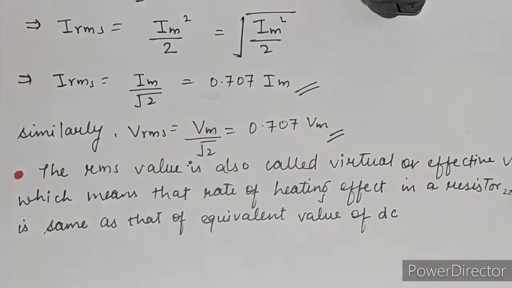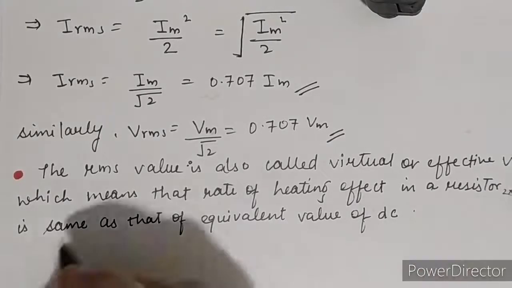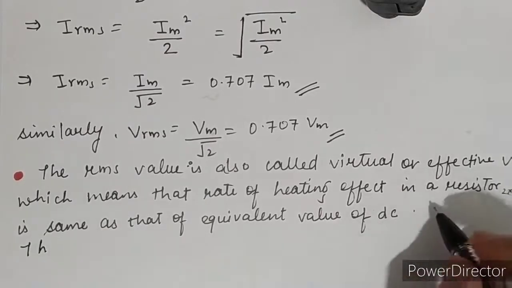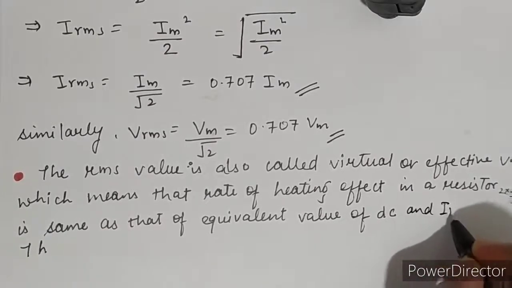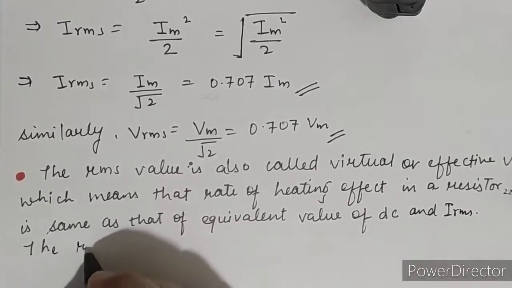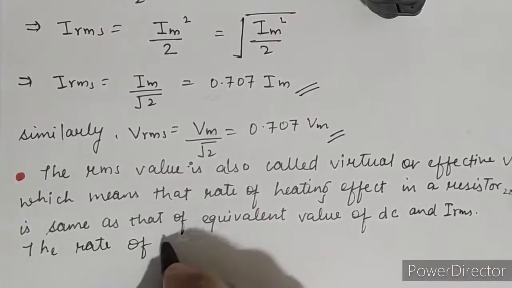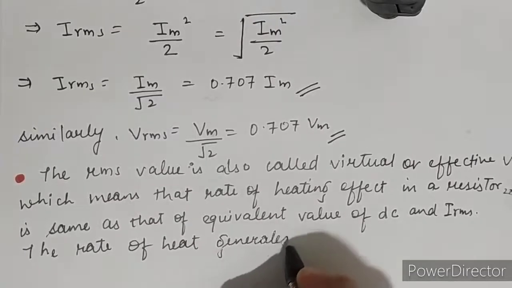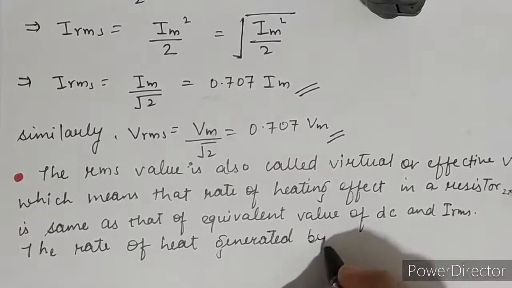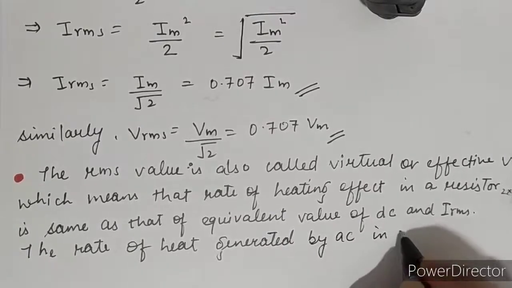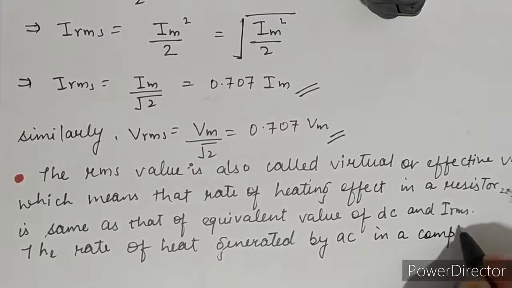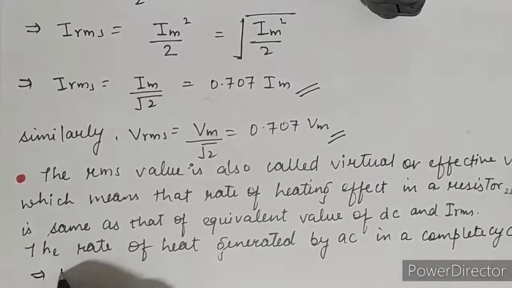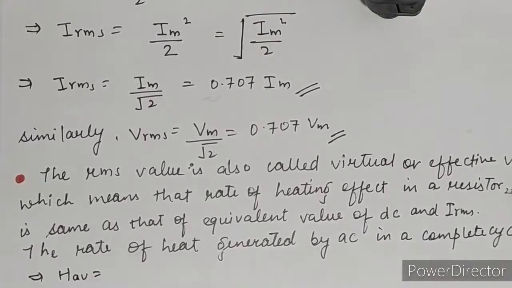Okay, so if I discuss DC and IRMS, the rate of heat generated by AC in a complete cycle is the heating effect, calculated by taking the average value of it.